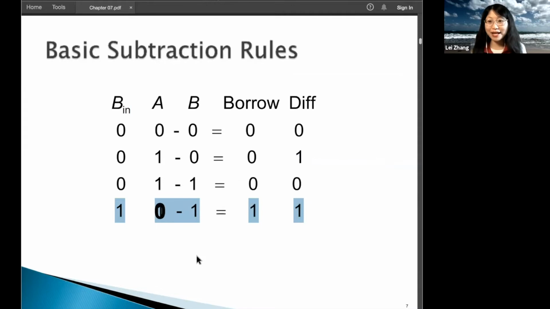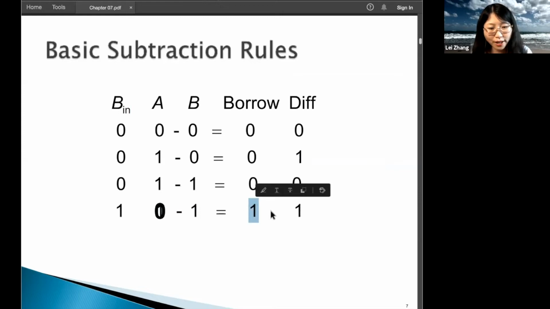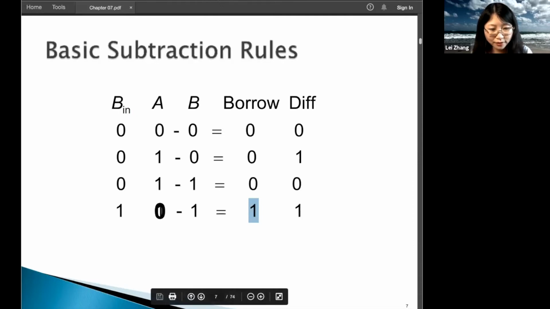This borrowing bit is borrowed from the next bit. When we are borrowing it, we are borrowing this one bit, and actually this one should be 0. So let me correct that.